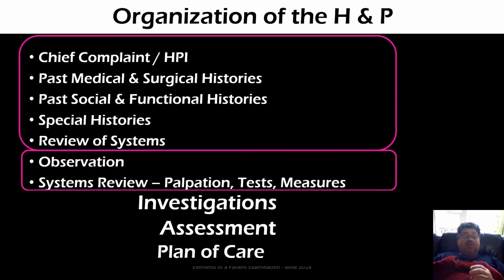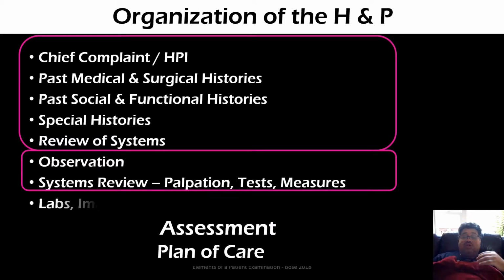In the physical examination, we have observation, where we look, so eye, and then we have systems review, where we touch the patient. A systems review involves several maneuvers, so we have tests and measures to go through to examine the patient. Next, there is investigations.